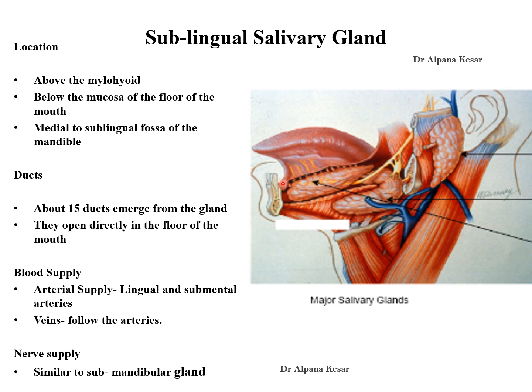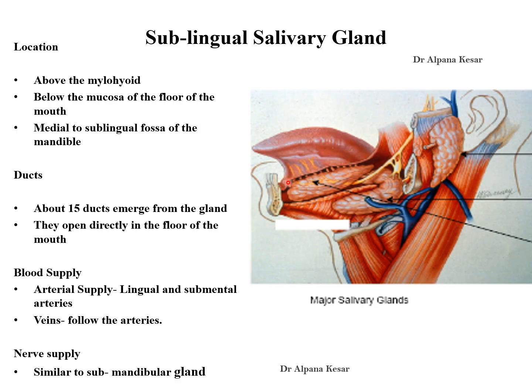Lateral to it is present the sublingual fossa on the medial surface of the body of the mandible, and posterior to it is present the deep part of the submandibular salivary gland. The sublingual salivary gland has about 15 ducts which emerge from the gland and open directly on the floor of the oral cavity.